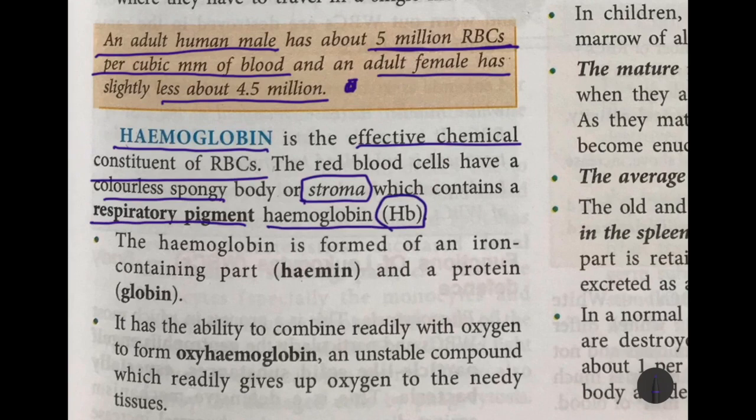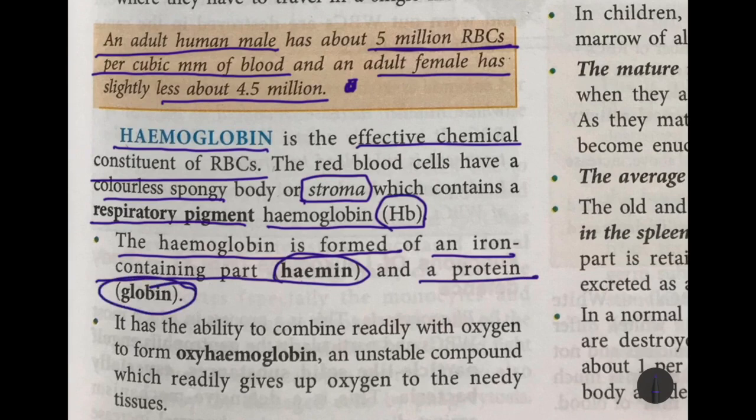So in your one word answers, if you are to name a respiratory pigment, the answer is hemoglobin. Now, the hemoglobin is made up of two parts. The first one is an iron containing part which is known as hemin, and the next is a protein which is known as globin. So together they become hemoglobin.